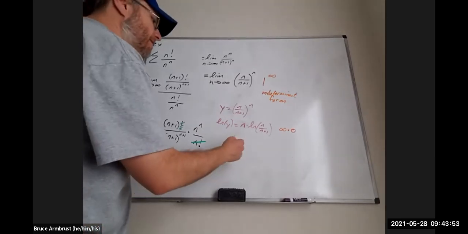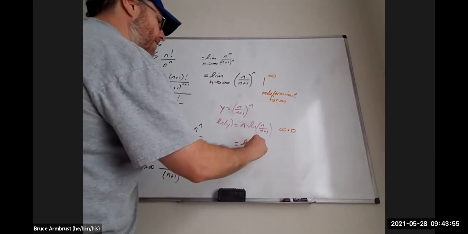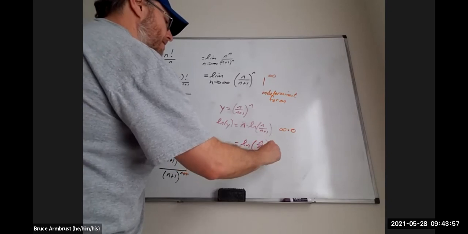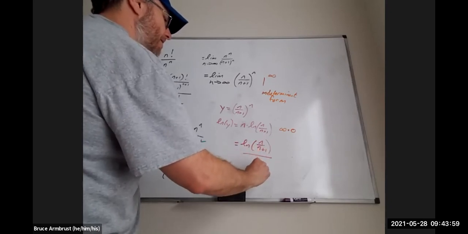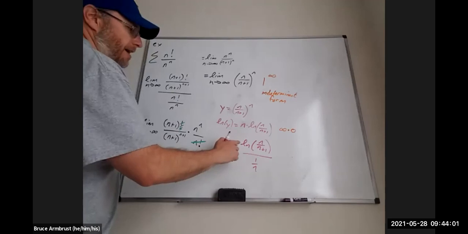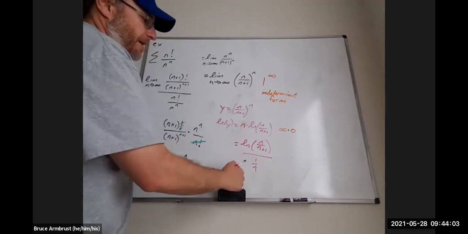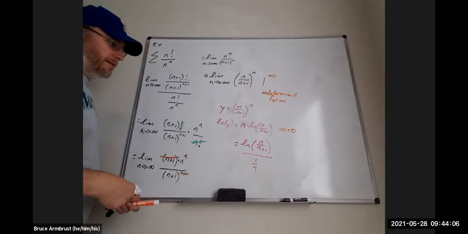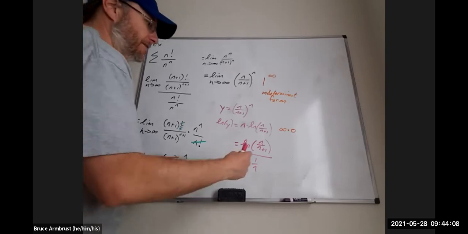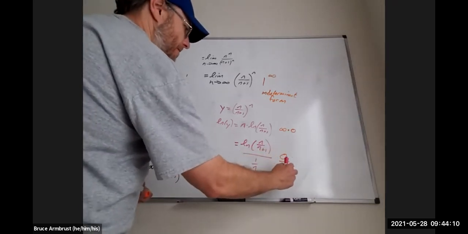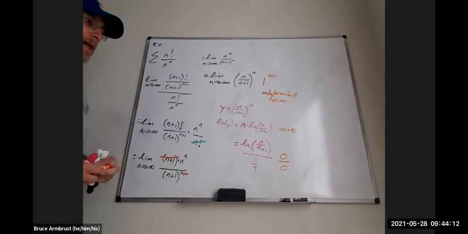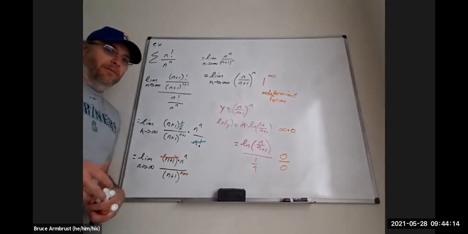And the trick with this is to just divide one of them by the other. So multiplying by n is the same as dividing by 1 over n. And now this is 0 over 0, which is the form that we can apply L'Hopital's rule to.